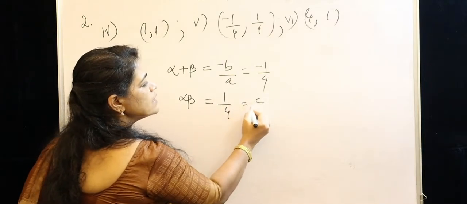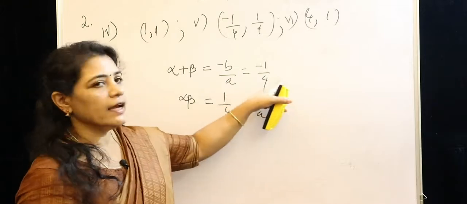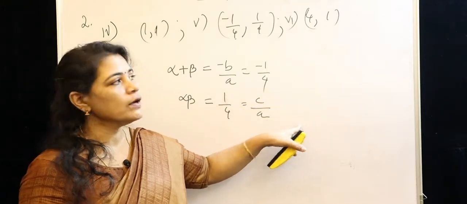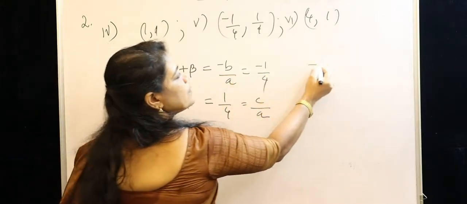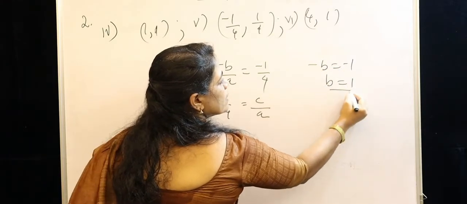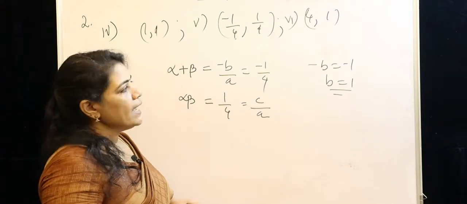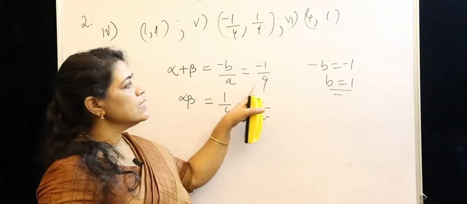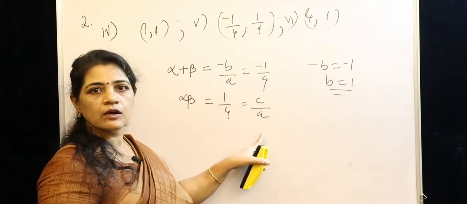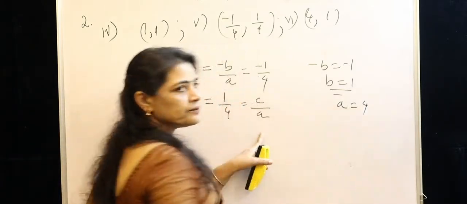This is equal to c by a. Now we can write down a, b, c. If minus b equals minus 1, that means b is equal to 1. Minus gets cancelled from both sides. And what can a be? A is equal to 4. Here also a is equal to 4. So we can fix a as 4.